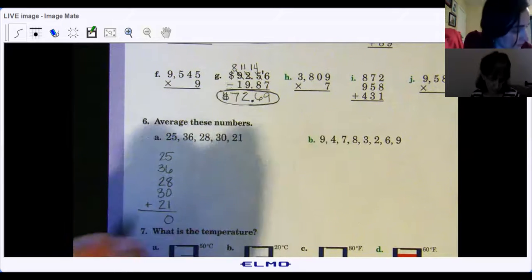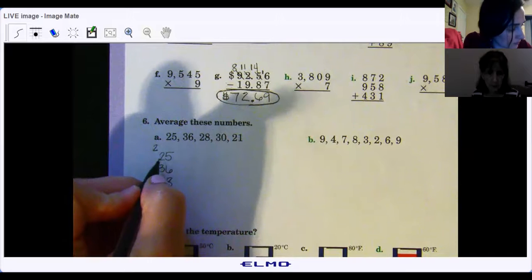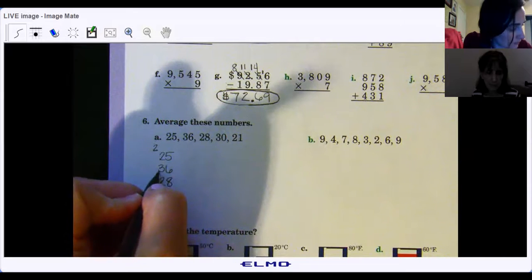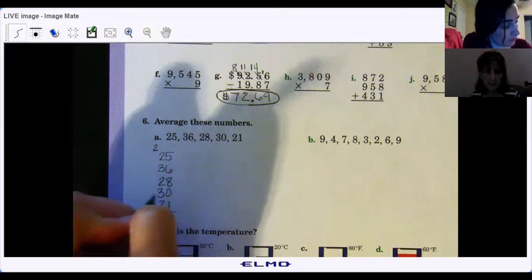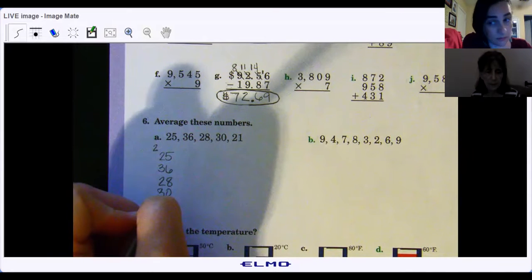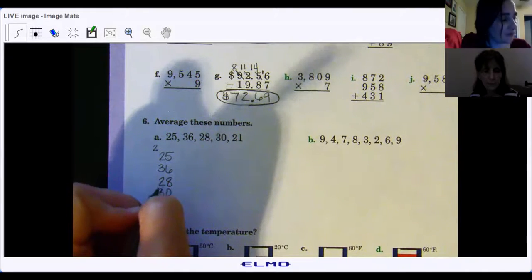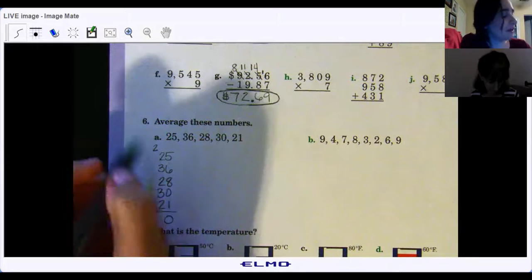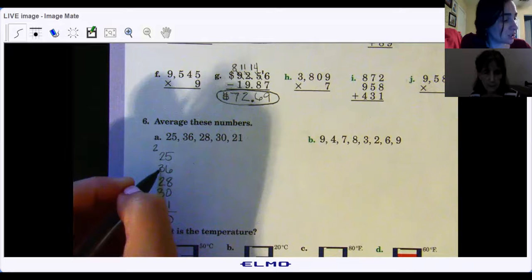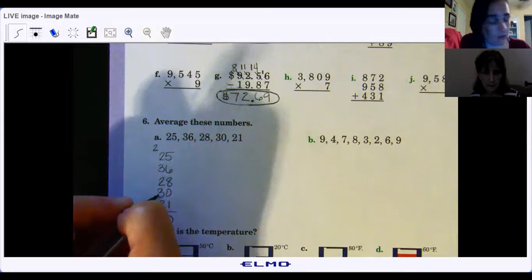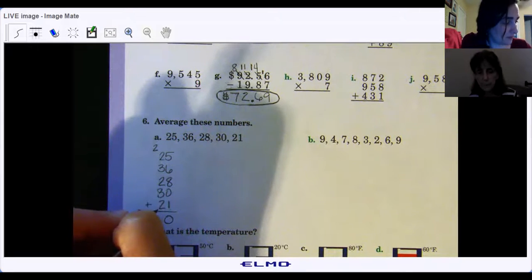Put down your 0, carry your 2. 2 and 2 is 4, and 3 is 7, and 2 is 9, and 3 is 11, and 2, 13, and 14. 12 and 2, right? 12 and 2 is 14.